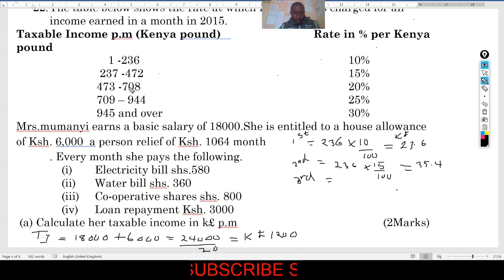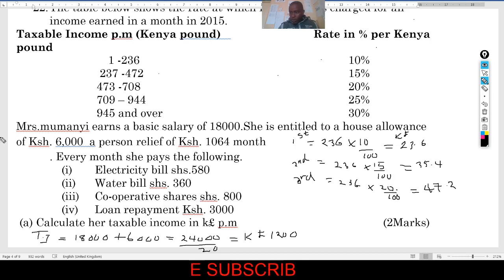The third, 708 minus 472, you still get 236. So it will be 236 times 20 over 100. This gives you 47.2 Kenyan pounds.